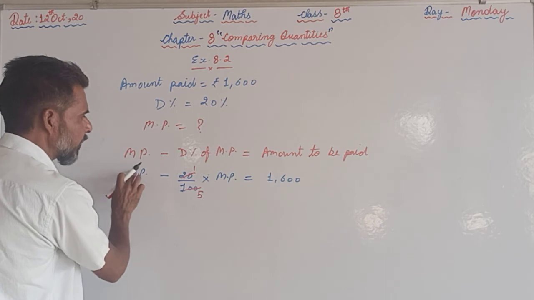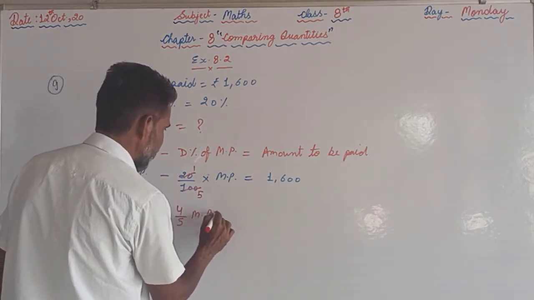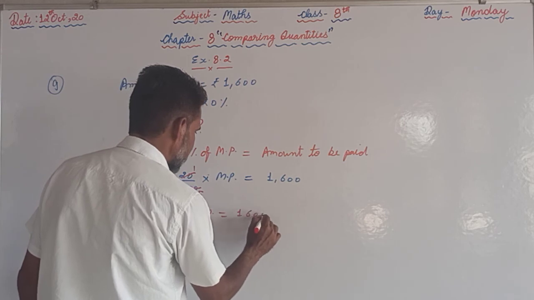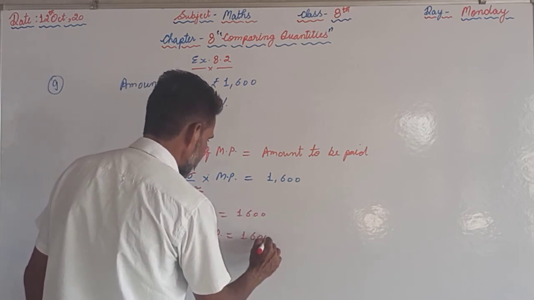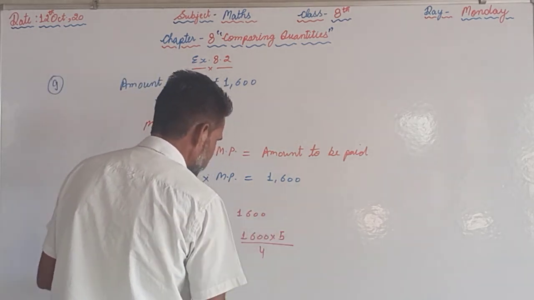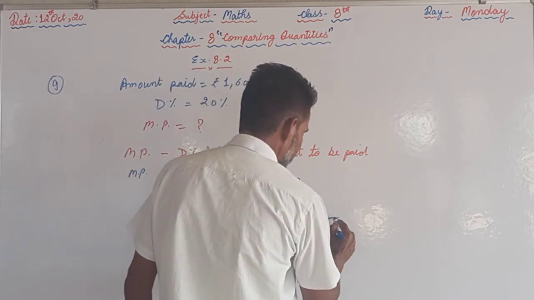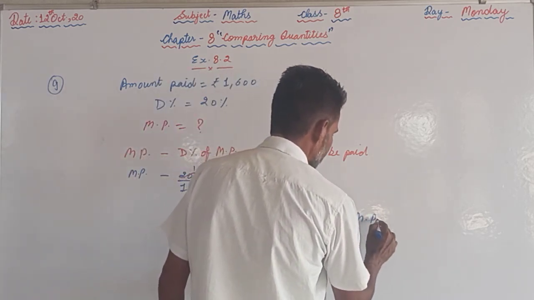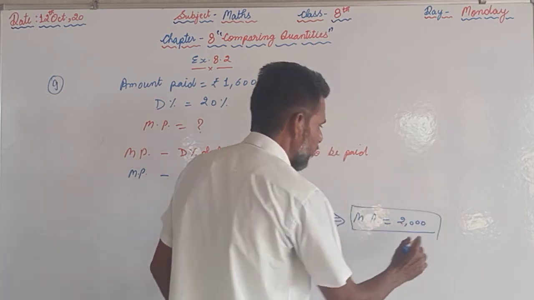From here, 5 MP minus 1 MP, 4 upon 5 MP is equal to 1,600, and from here MP is equal to 1,600 into 5 upon 4, and we will get MP equal to 2,000 rupees. What does it mean?